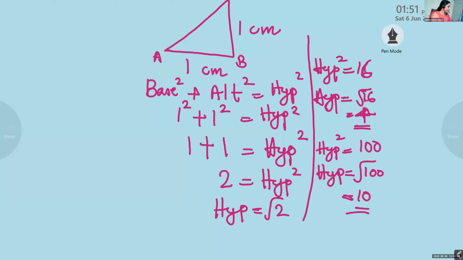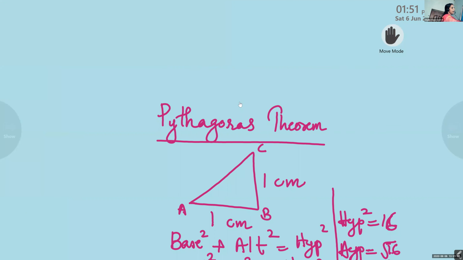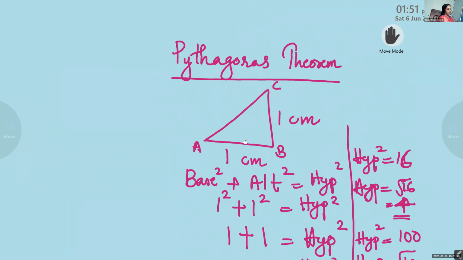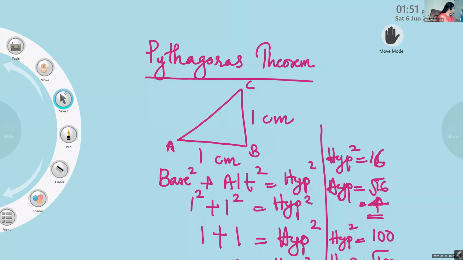Okay, now listen, we have this right angle triangle here. What is the hypotenuse? Just now we found 1 centimeter, 1 centimeter, and what is hypotenuse?